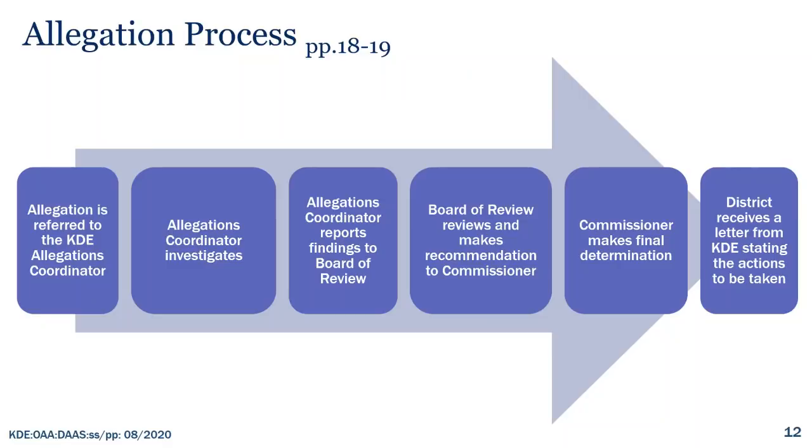Here's the process in a little more detail. Investigation results go to a Board of Review, who sends their recommendations to the Commissioner of Education, who will make the final determination. The district will receive a letter from KDE stating the actions to be taken.